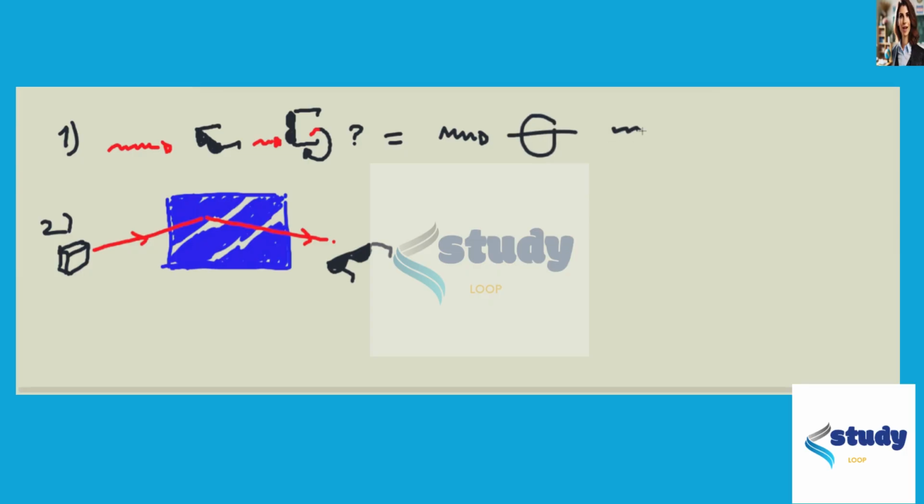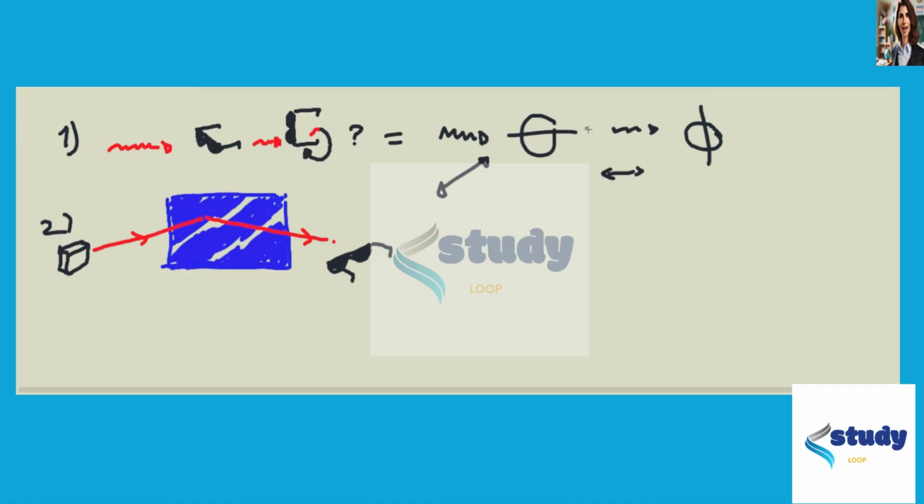Let's say the incoming wave is polarized in some direction. Then after it passes through this polarizer, it's going to be polarized in the direction of the polarization axis of the first pair of sunglasses. And then it's incident on the second pair of sunglasses, which has a polarization direction perpendicular to the first one.